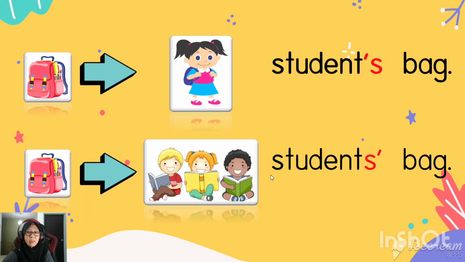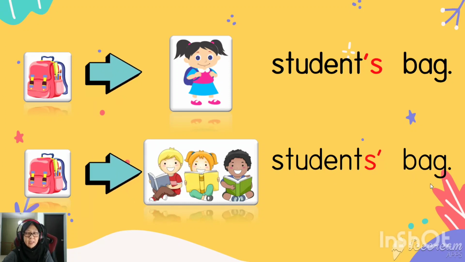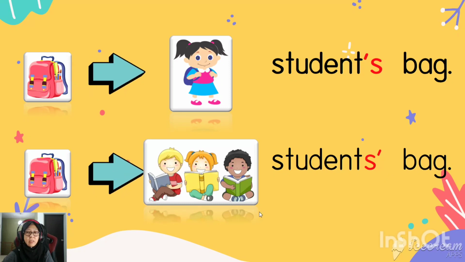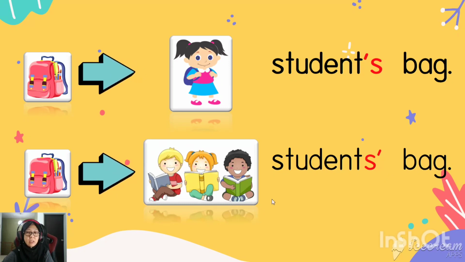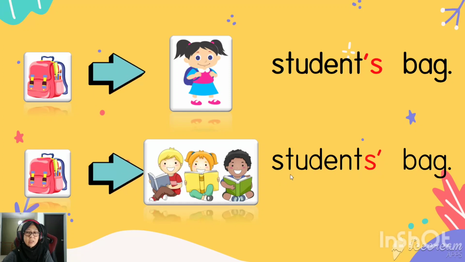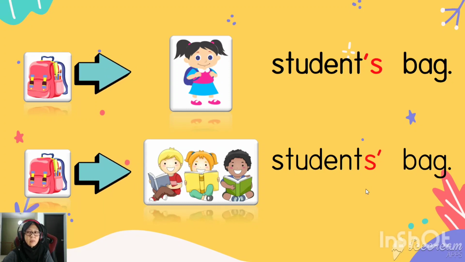Those bags are the students' bags. So we put apostrophe after the letter s. Alright, because student here is plural, we already have the letter s, students. So we just add the apostrophe symbol. Alright?